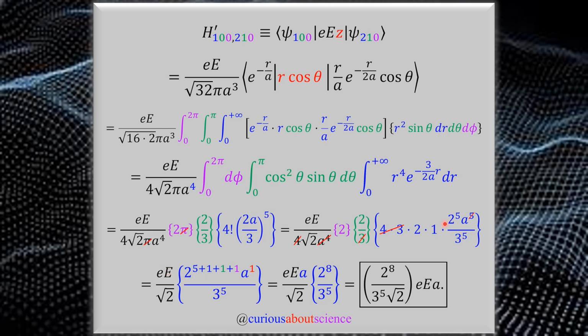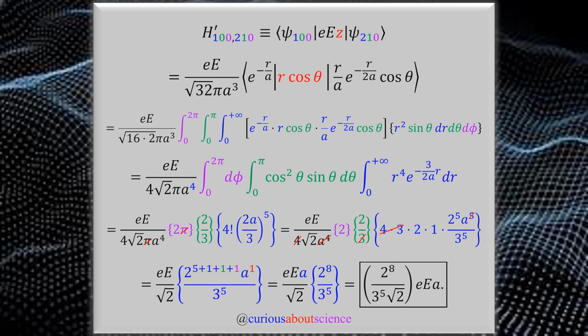Then we have 2 up here that is being joined together by 3 other 2's, so that simplifies us down to 2 to the 8th. Since we took 4 away from the power, we're left with a to the 1, so that simplifies to a. And then we just have this nice little numerical thing here, 2 to the 8th over 3 to the 5th, root 2, E, little e, charge E, the electric field E, and then a. So not too bad there.